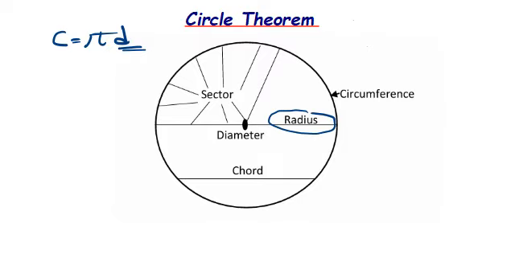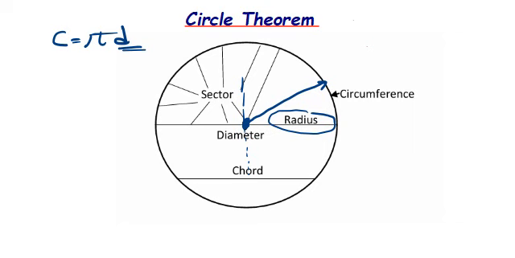Now the radius is just half of the diameter, or we can just say the line that runs from the center to the circumference. So that line is known as the radius.